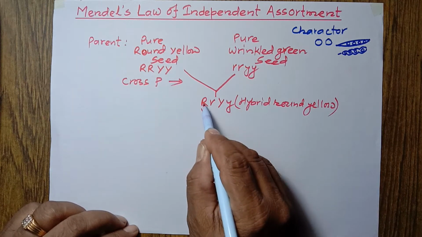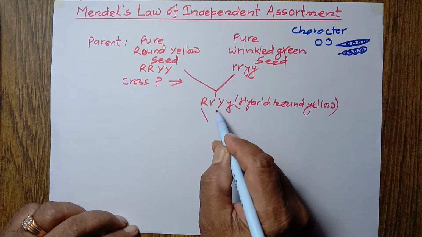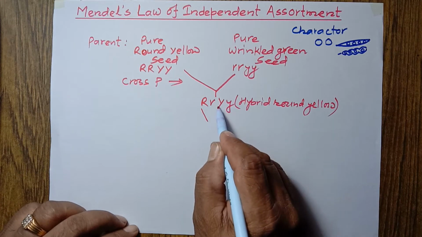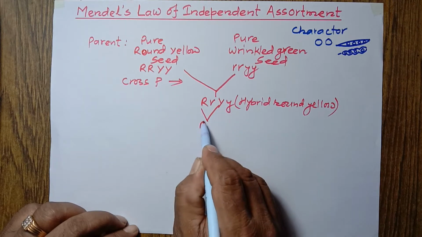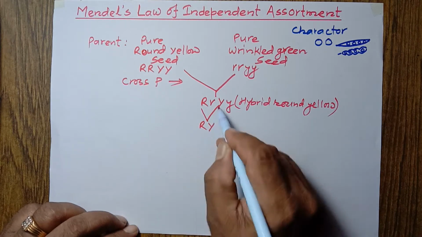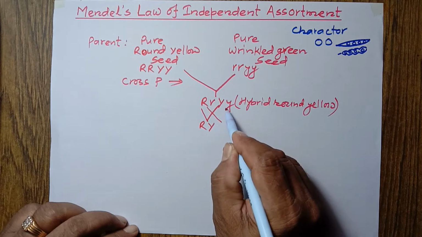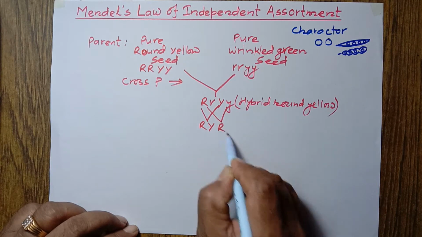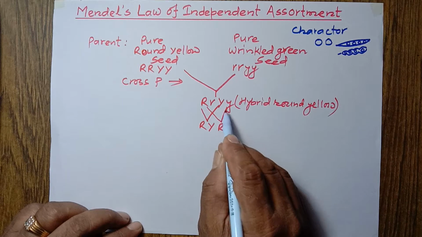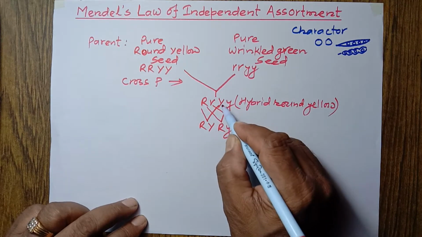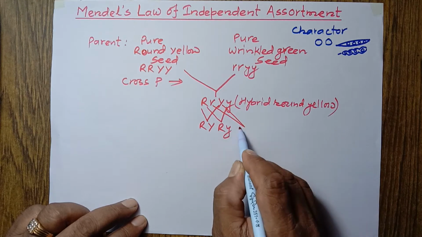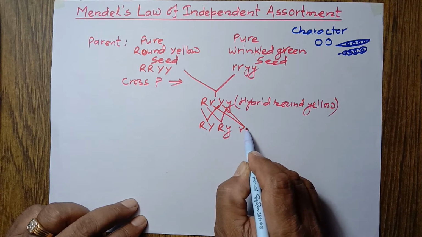Out of these two, one of the characters comes in the gamete. Round may combine with this yellow. This is one type of gamete. Round can combine with this yellow also. Another gamete is like this, ry, and if small r and capital Y combine with each other, then we'll have this type of gamete.